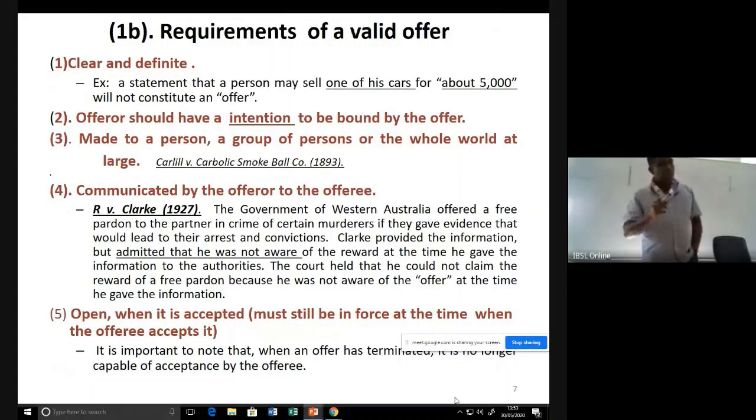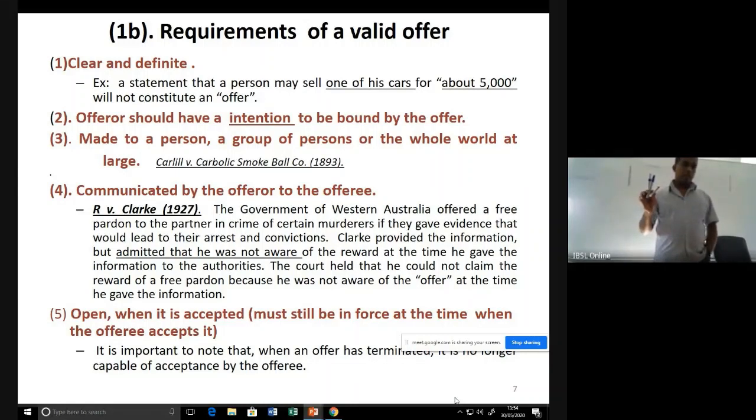Is it definite now? It is not definite about the price. So therefore, this promise is not a valid offer. The first condition of a valid offer is that it has to be clear and definite.